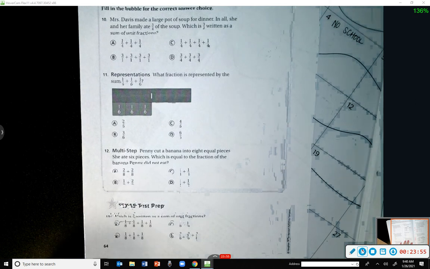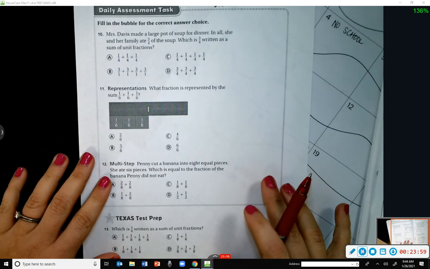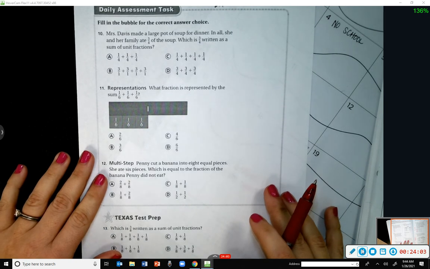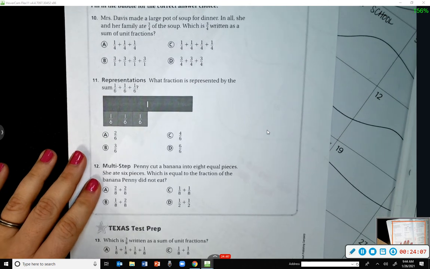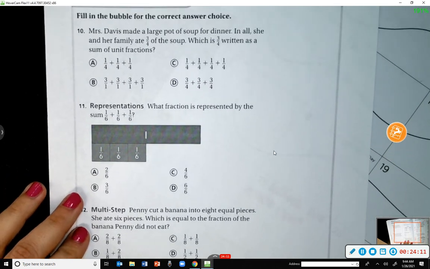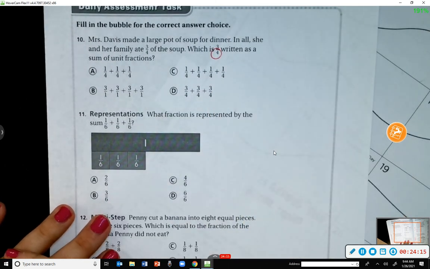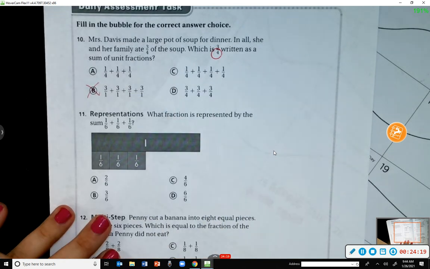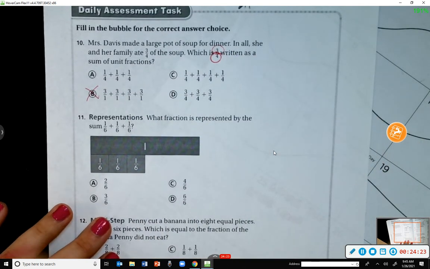Okay, let's go ahead and check your work. Number 10, Mrs. Davis made a large pot of soup for dinner. In all, she and her family ate 3/4 of the soup, which is 3/4 written as a sum of unit fractions. Okay, so remember your denominator does not change. It's going to be 4. So now I can automatically eliminate B. Okay, the numerator tells me how many unit fractions I need.